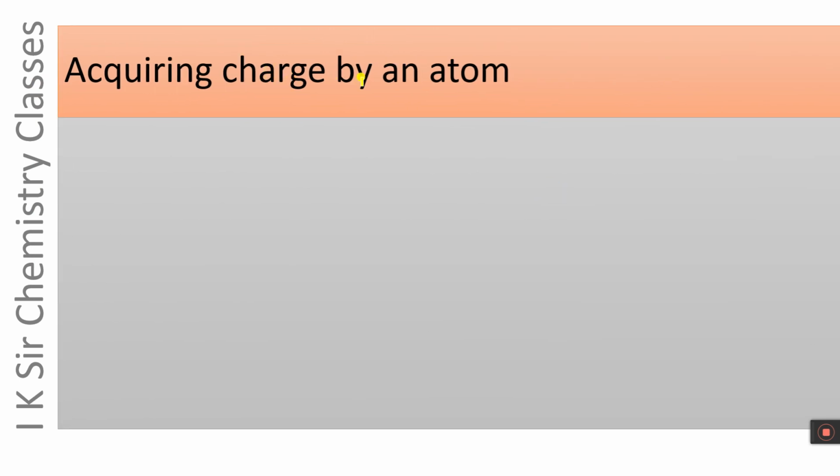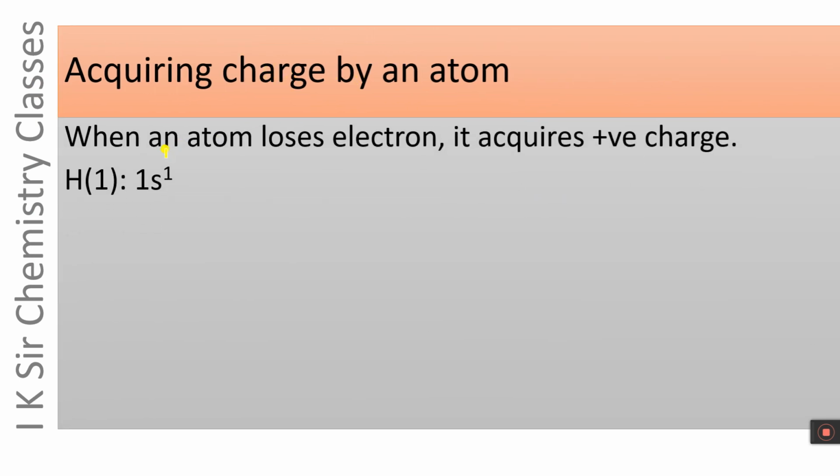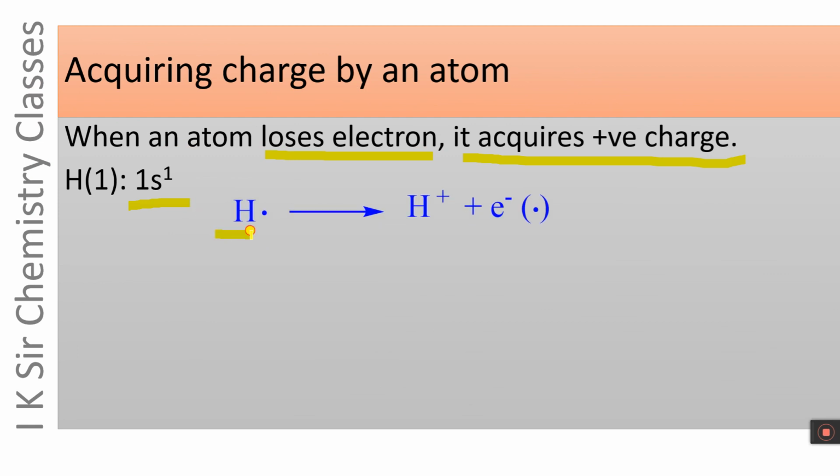Acquiring charge by an atom. When an atom loses electron, it acquires positive charge. For example, hydrogen atom has one valence electron. If hydrogen atom loses its only valence electron, it acquires positive charge.